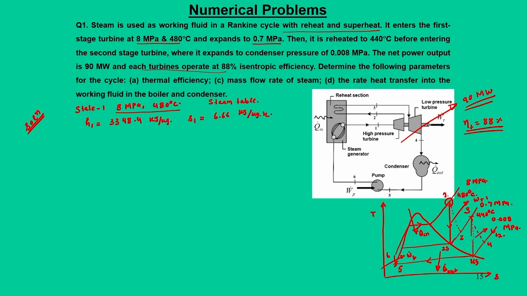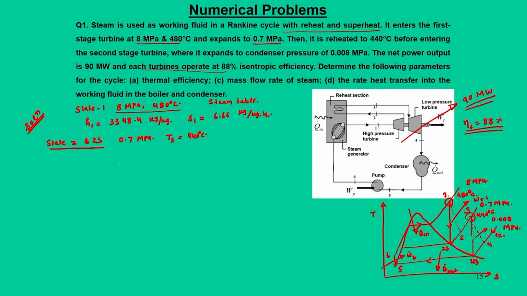Then from 1 you have to go to 2s and 2. So, how do you calculate state 2 and 2s? What we know is they are at 0.7 megapascal, and T3 is 440 degree centigrade. So, this point is also located.